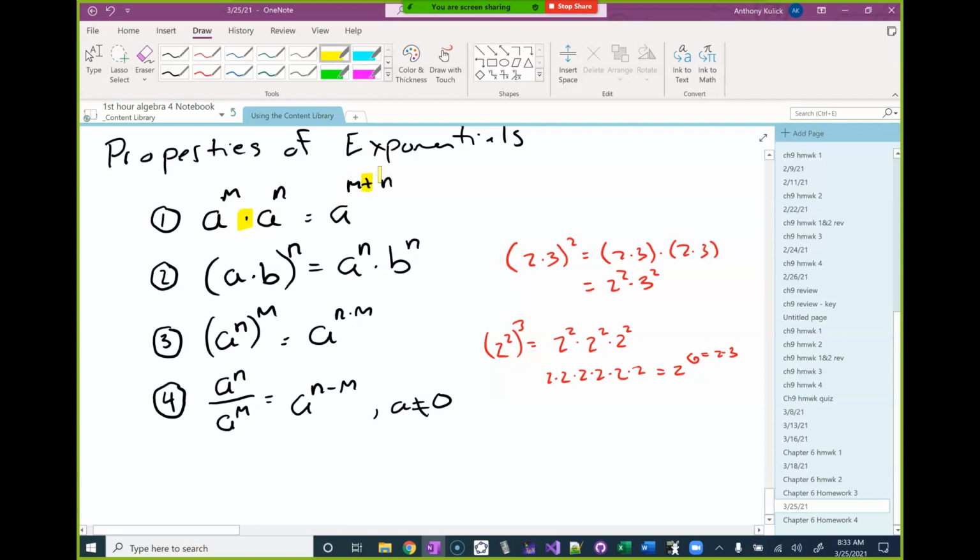Just to kind of get a feel for it, if I have like 2 to the 5th divided by 2 squared, I basically have 5 2's in the numerator and 2 2's in the denominator. So I can reduce like that, leaving me with just 3 2's, which is exactly 5 minus 2.